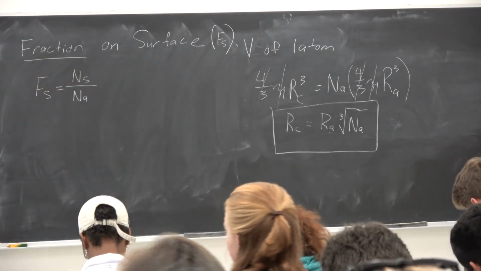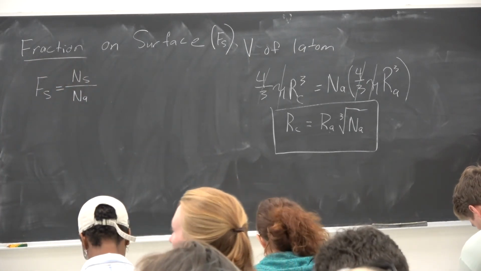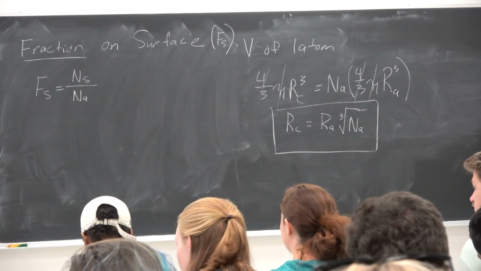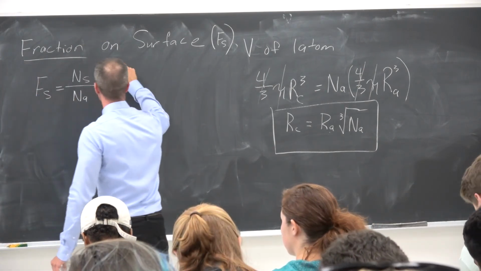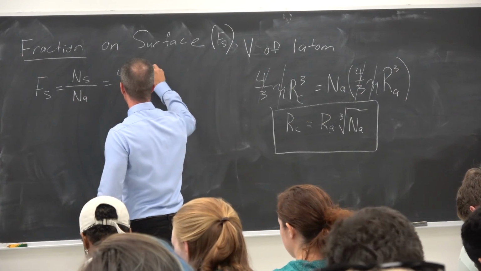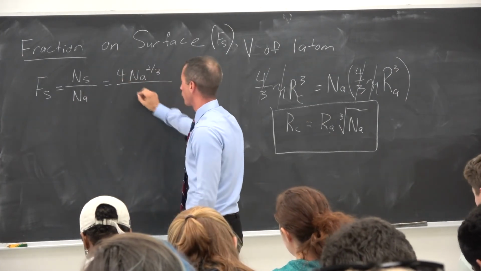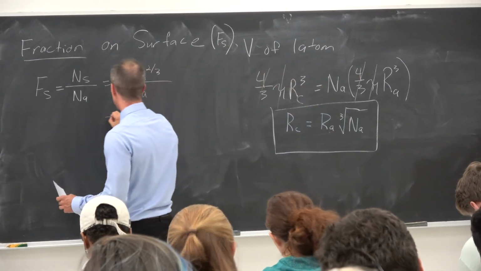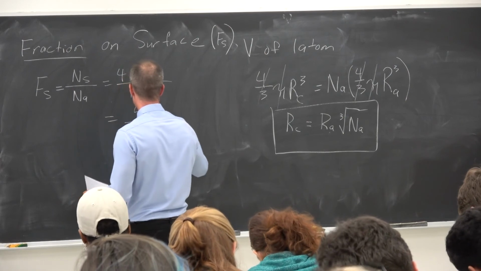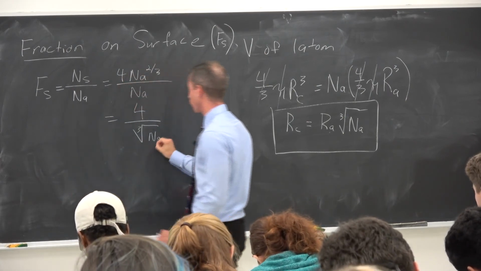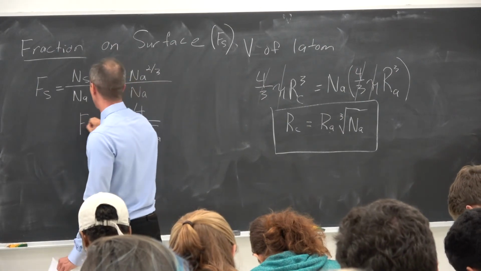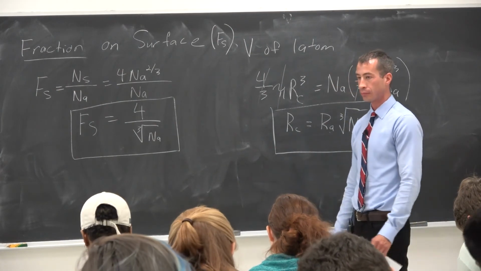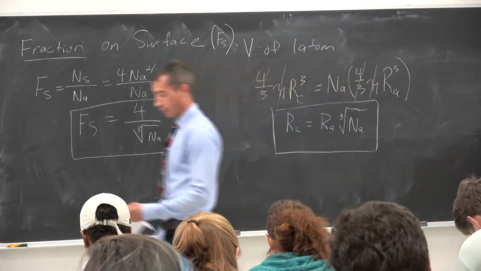And we know from over here this expression for the number on the surface, 4 times the total number of atoms to the 2/3 power. Then we can reduce that to 4 over the cube root of the total number of atoms. And this is another useful tool.